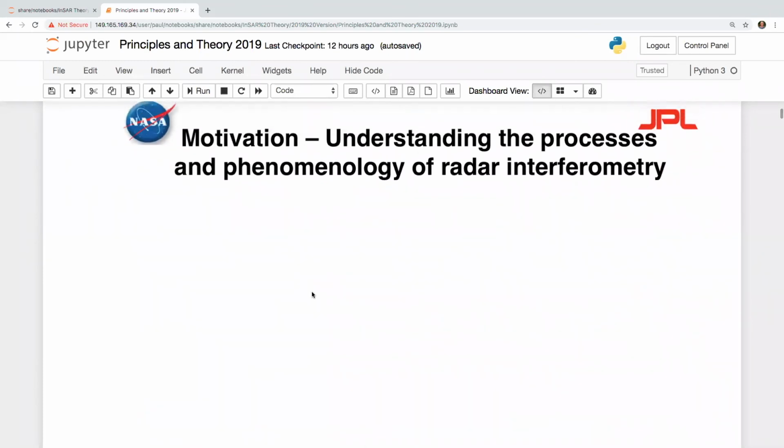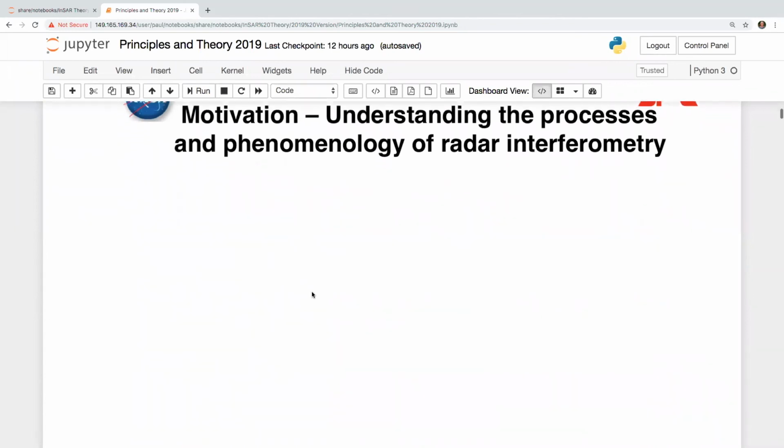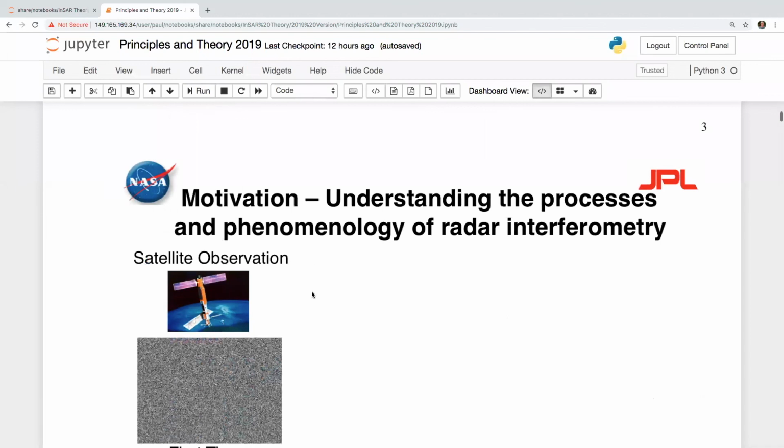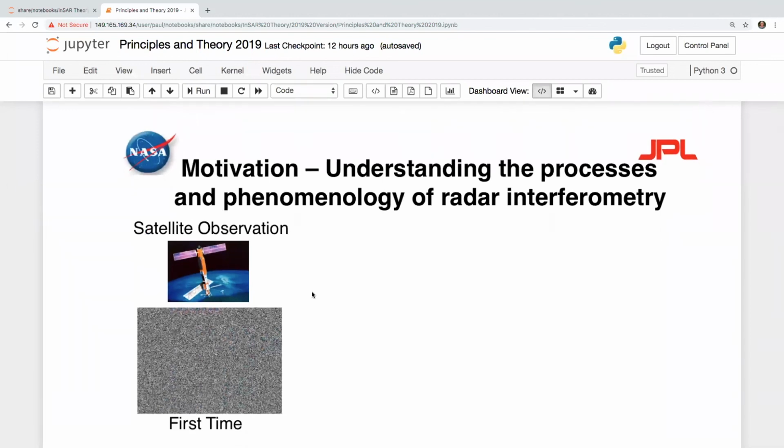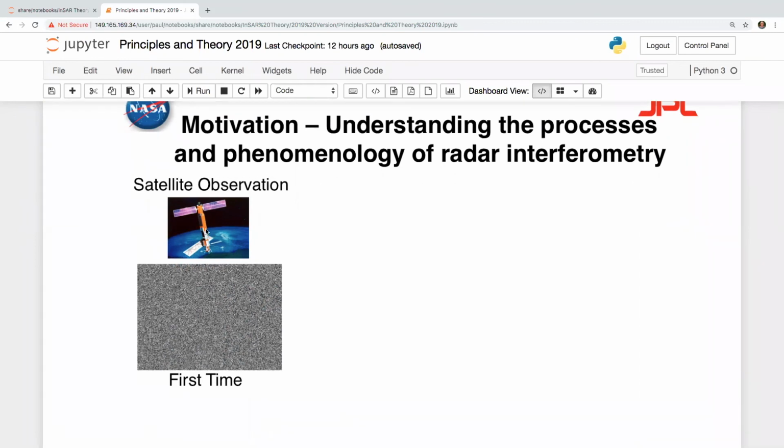So first of all, we want to try to understand what is so great about interferometry. And to me, it's kind of a magical process where we start with an observation from a satellite or an aircraft or something, and you get an image, if you look at the raw data, that looks something like this. It looks like complete random noise.